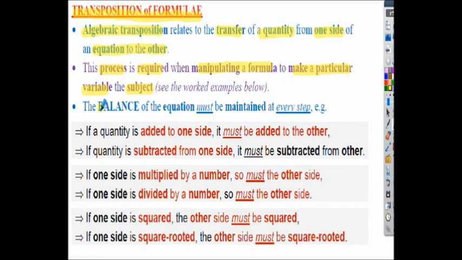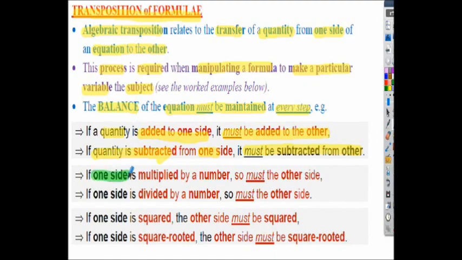One thing that's very important to remember is that the balance of the equation must be maintained in every step of the transposition process. For example, if a quantity is added to one side of the equation, then it must be added to the other side. If a quantity is subtracted from one side of the equation, we must subtract the same quantity from the other side.